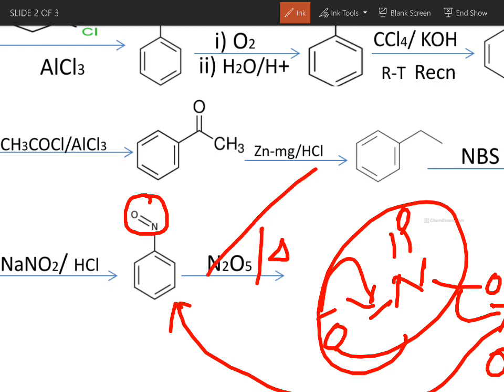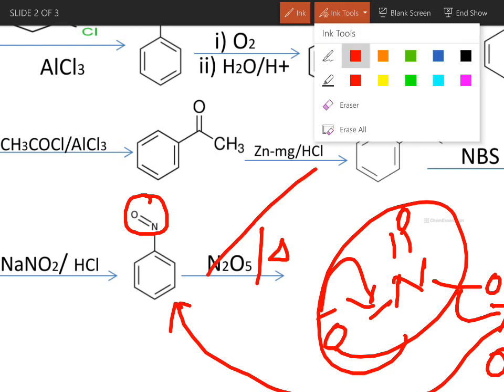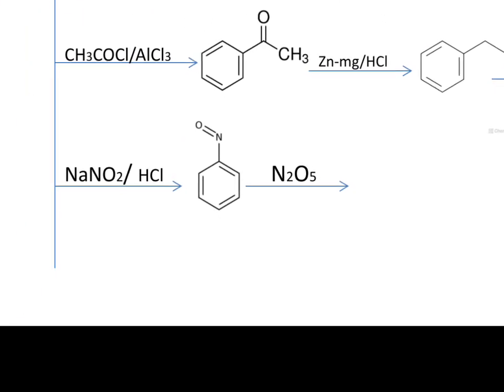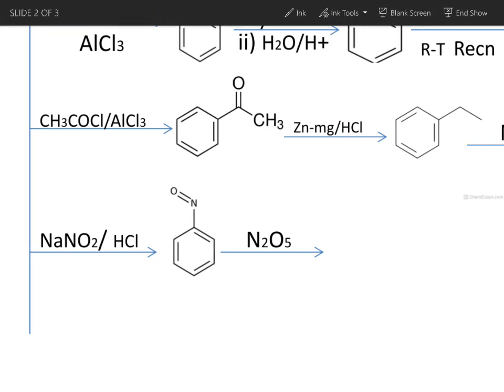Let me write, if the NO2 electrophile which is formed with N2O5 gets attached, here it is N double bond O, if it gets attached on ortho position NO2, the positive charge will form at this carbon, this double bond remains as it is.